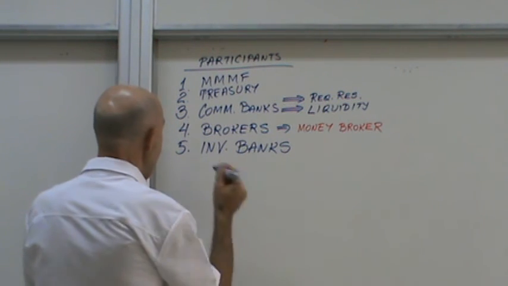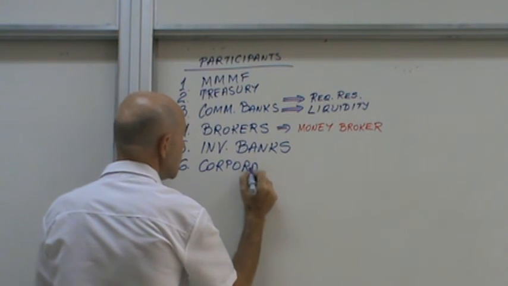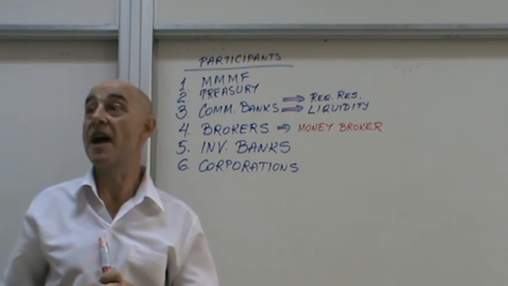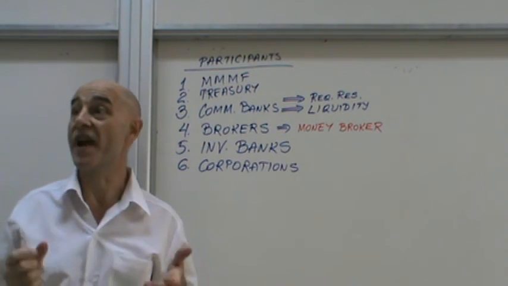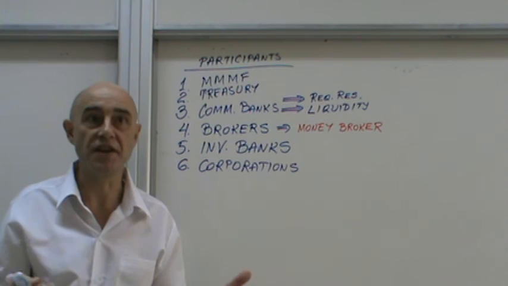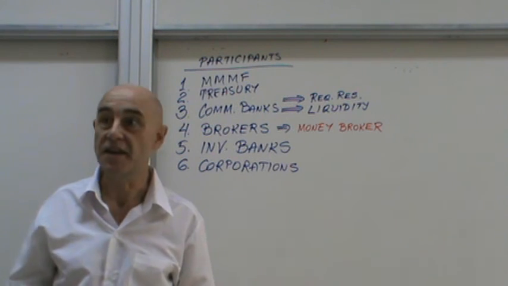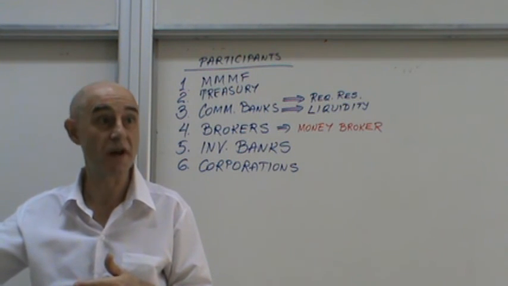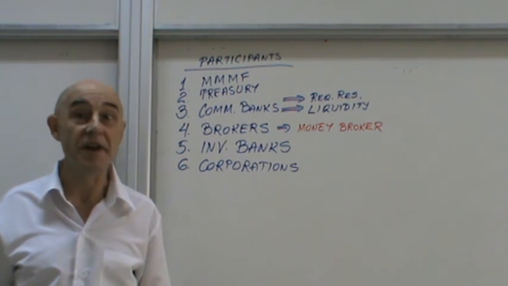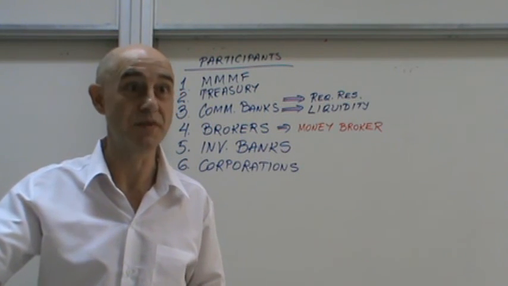Of course, you have corporations. Sometimes they use the money markets to raise short-term funds. They use it for salaries, to buy whatever they need to buy. And sometimes corporations may have extra money. They sell a lot of iPhones. One of the bigger investors in the world today will be Apple. They're making a lot of profits from the iPhones that you buy.